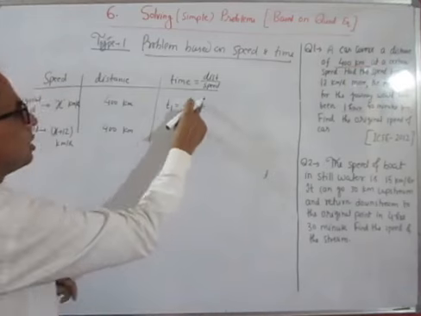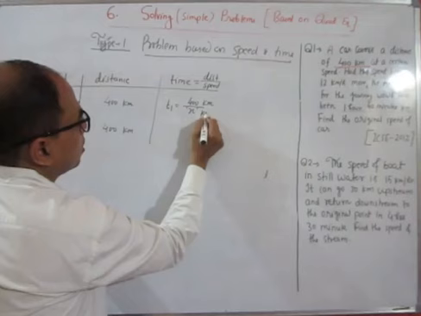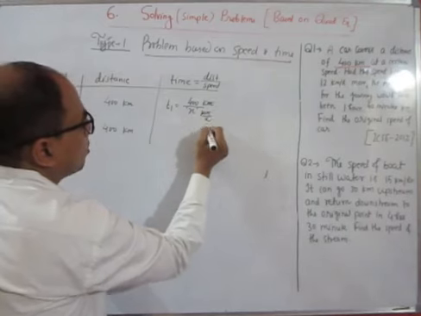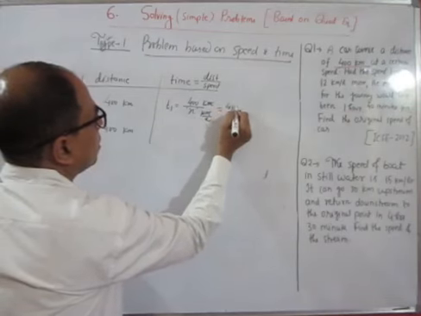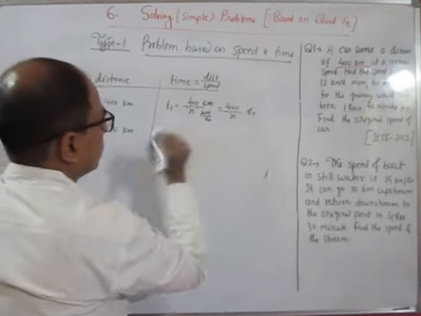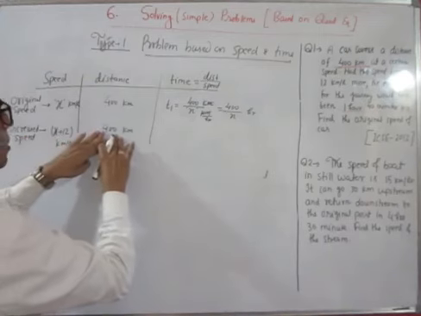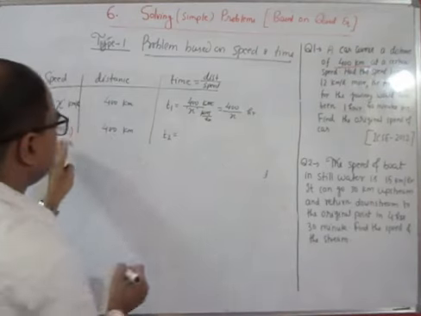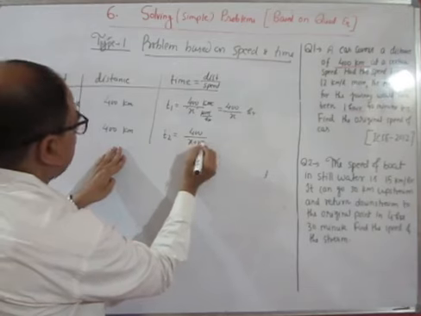The distance is in kilometer and the unit of speed is kilometer per hour, so kilometer cancels and hour remains. So it will be 400 by x hours. Now with the increased speed, the time taken will be 400 by x plus 12 hours.